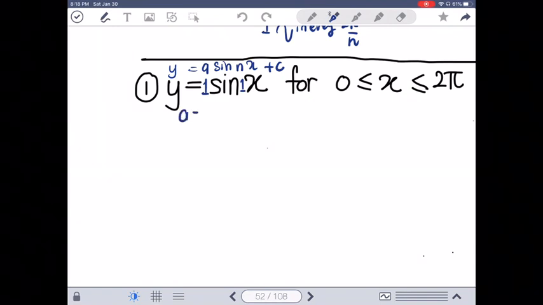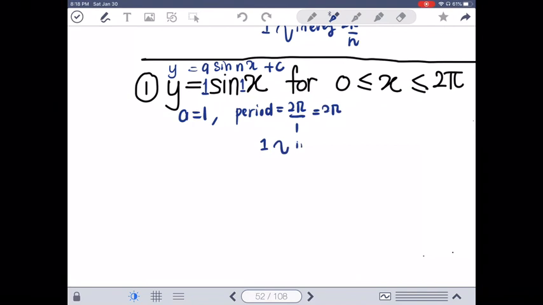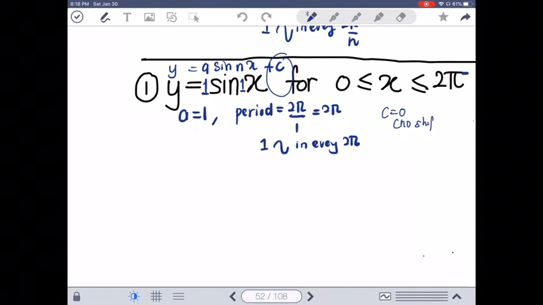So a is equal to 1, the period is equal to 2 pi over n, in this case 2 pi over 1, which is 2 pi, which means one cycle in every 2 pi, and our c is just equal to 0, so there is no shift.